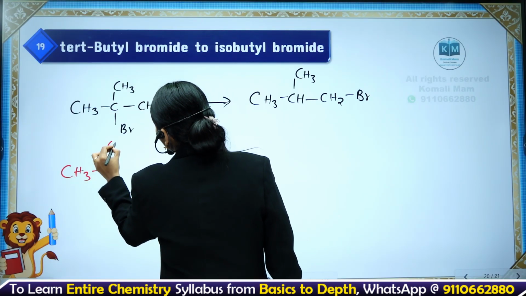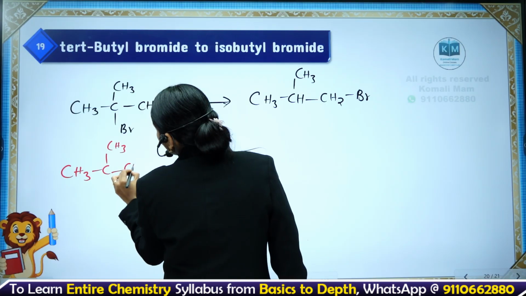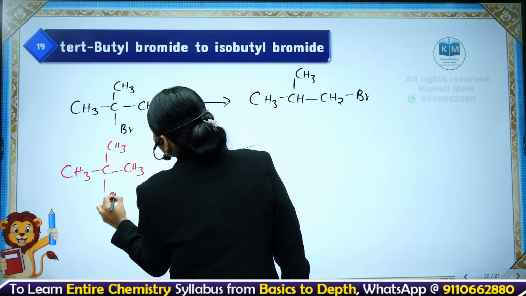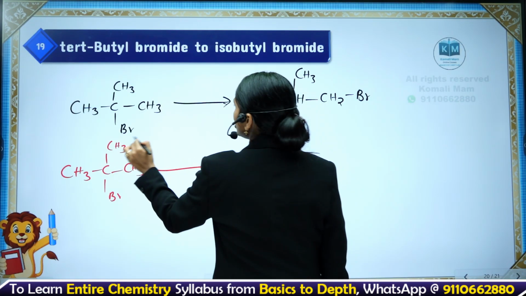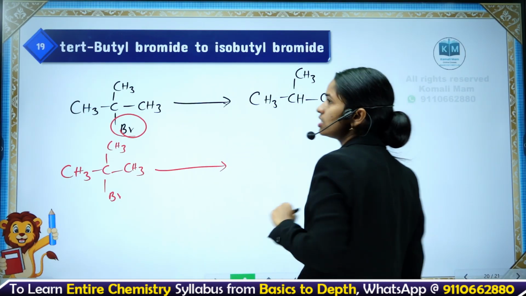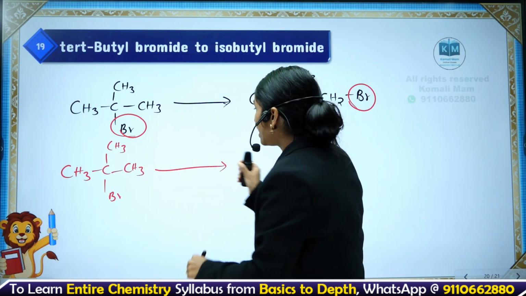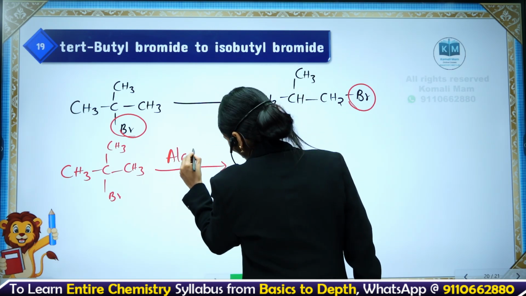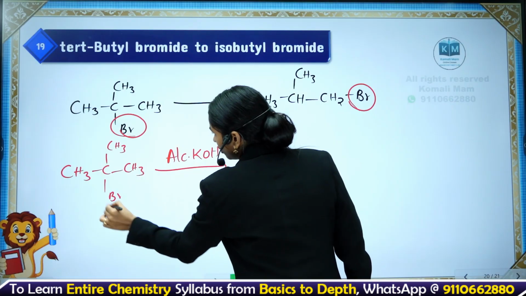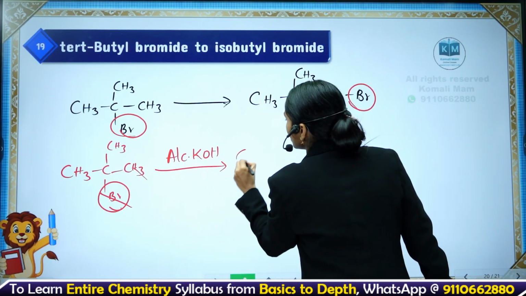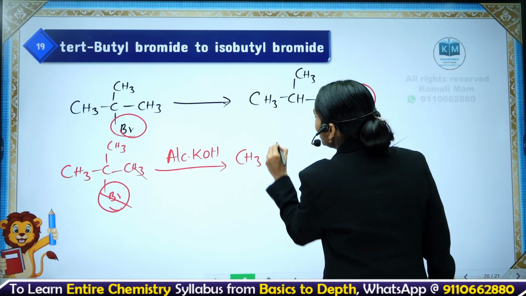CH3, C, CH3, CH3, Br. First do this, here the position is changing. If position changes, what reagent do we have to use? Alcoholic KOH, you use, one Br, one H goes out. What do you get, students, tell me?